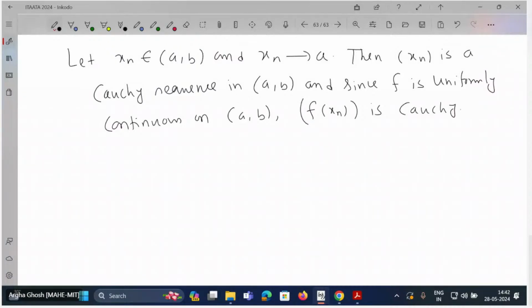Because it's a Cauchy sequence of real numbers, it will definitely converge to some number. Okay, so let f of xn converge to L.